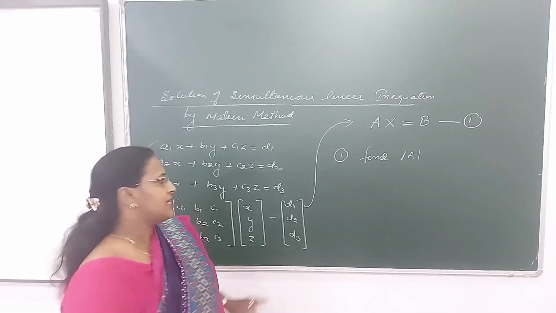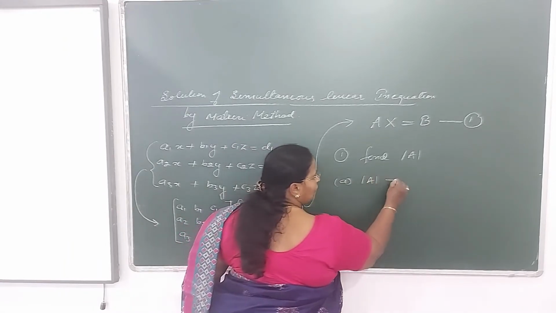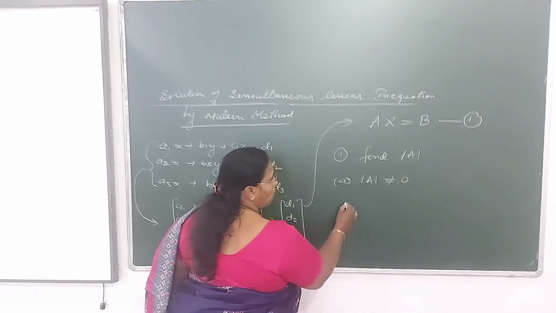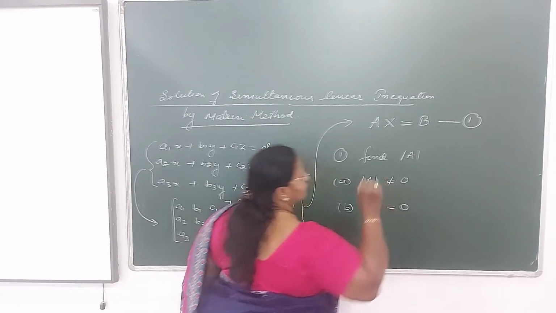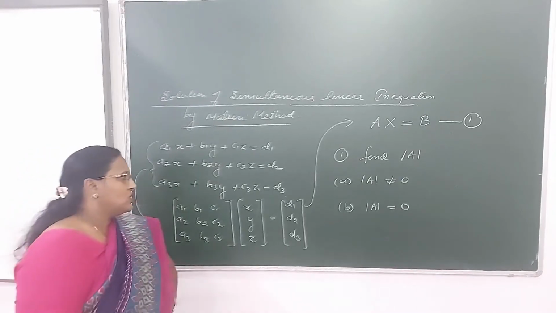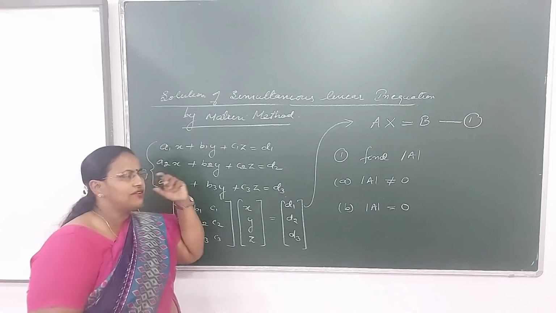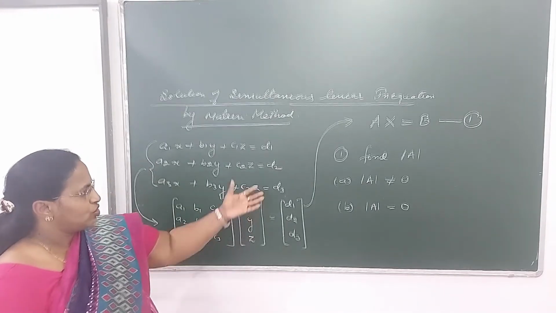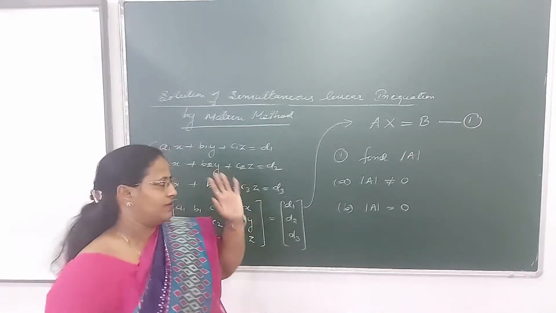Then two cases arise. Either determinant of A is not equal to 0 or determinant of A is equal to 0. I hope children you are understanding this. So after writing this in the form AX is equal to B, you will find the determinant of A. There can be two cases, either it is not equal to 0 or it is equal to 0.